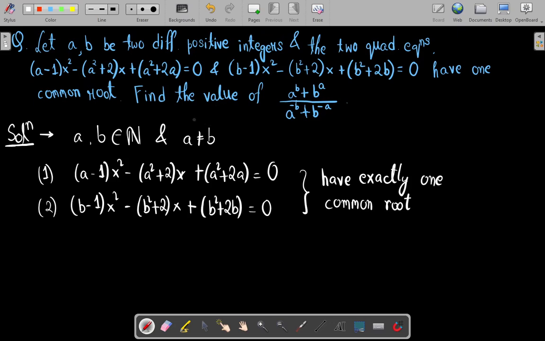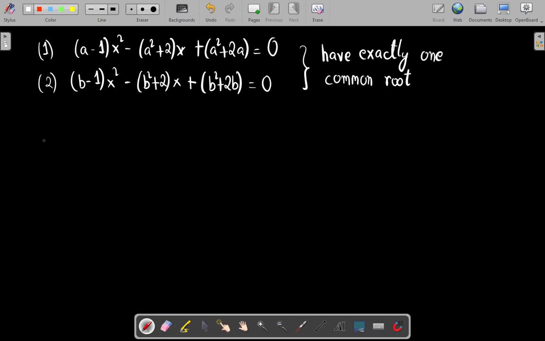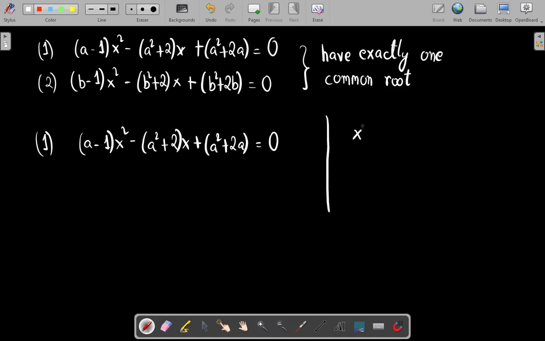So let us look at the first equation. The first equation is (a minus 1)x² minus (a² plus 2)x plus a² plus 2a is equal to 0. Now can this equation be factorized? If we look at this expression x² minus (a plus b)x plus ab, this is factorized to (x minus a)(x minus b), right?